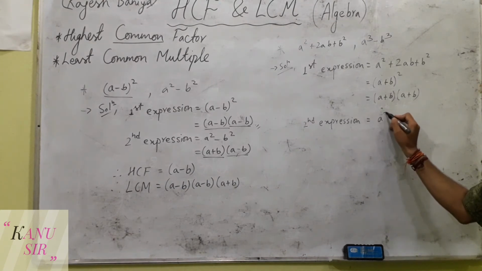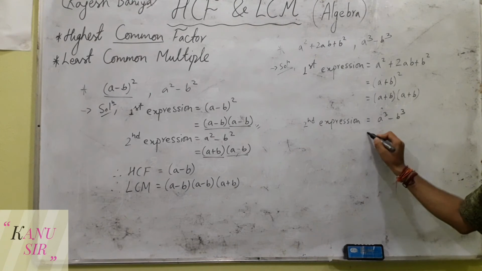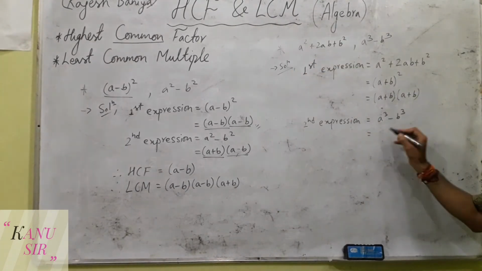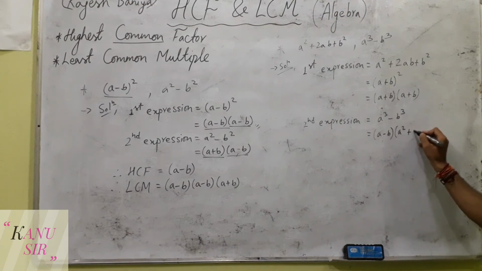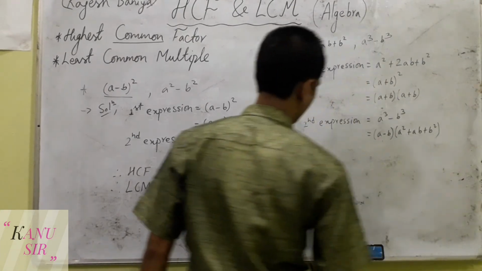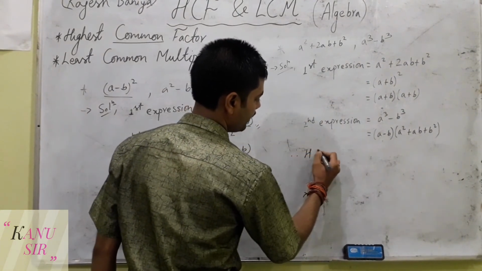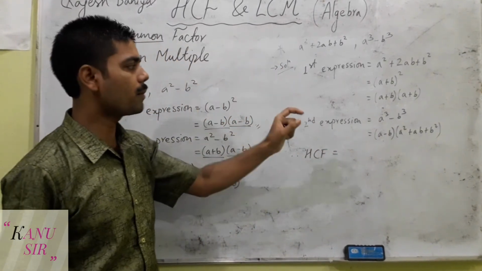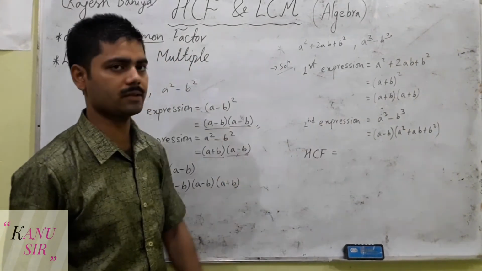equal to a cube minus b cube, and you have to again memorize the same formula which I have noted here, that is a minus b, a square plus ab plus b square. Now you need to find the HCF, and while finding the HCF you must find the common expression in both the expressions.